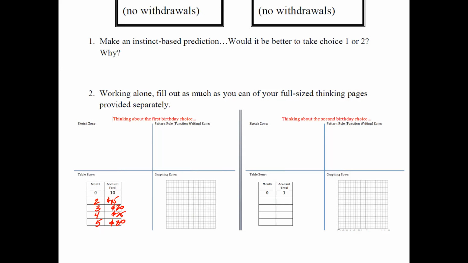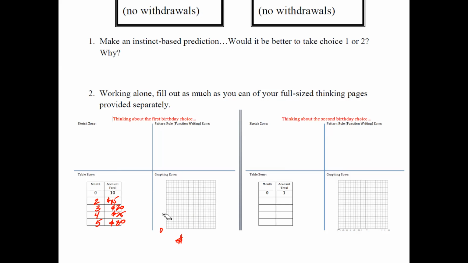Okay, so then let's go ahead and graph this. So this is the graphing zone, and when I go ahead and graph it, I am going to have the dollar amount right here. I'm going to have the months right here. So month 0, it is going to be $10.